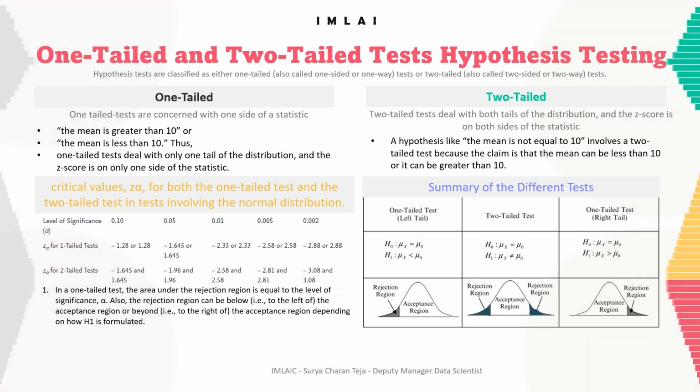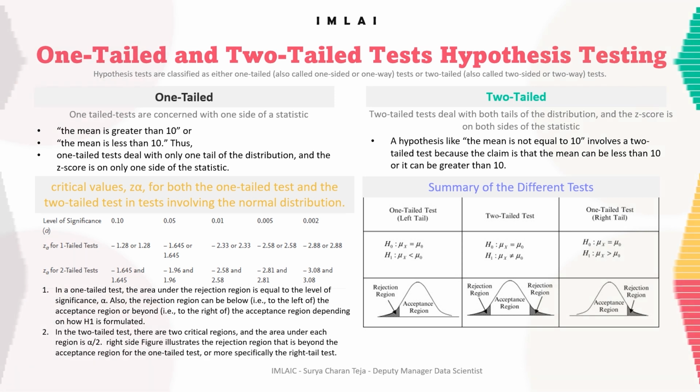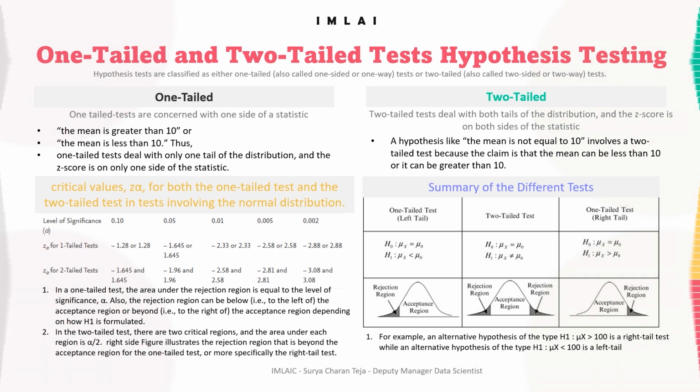Note that in a one-tailed test, the alternate hypothesis involves values that are greater than mu x. We have a right tail test. Similarly, we have a left tail test. For example, let's take a simple example.